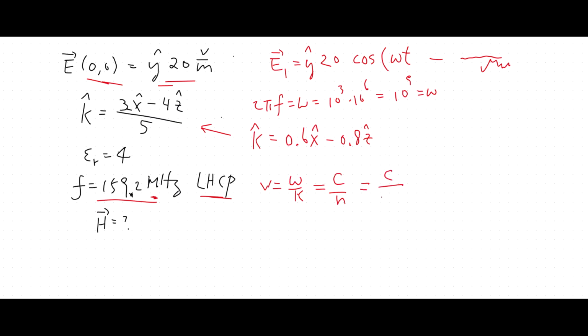This is very useful. So now I want to find k, right? k is equal to omega times the square root of the dielectric constant, which is n, divided by c.